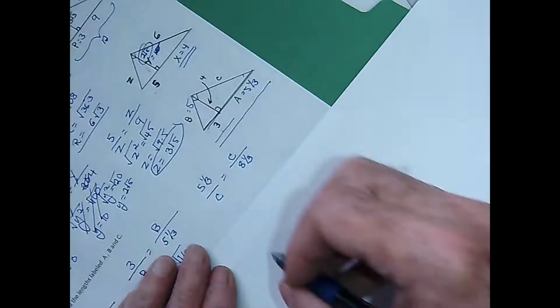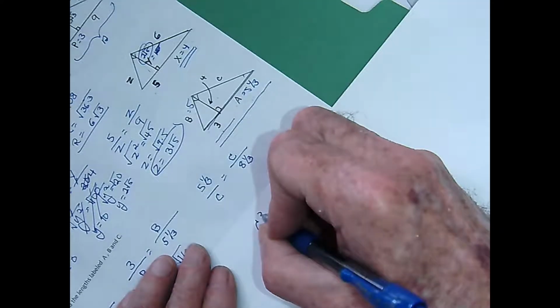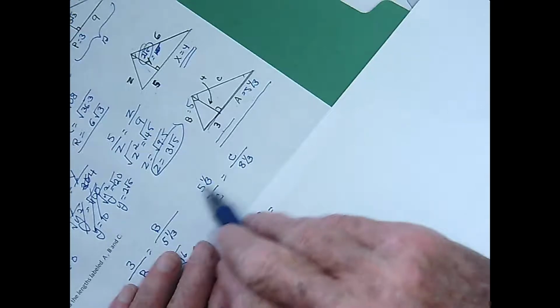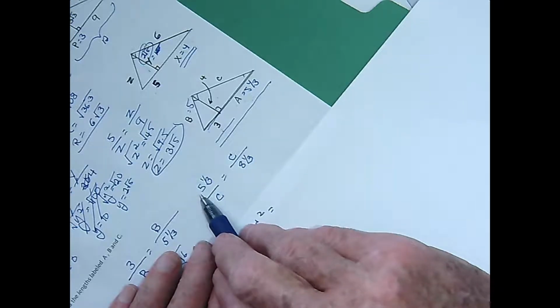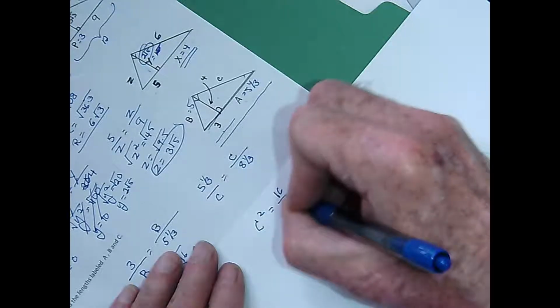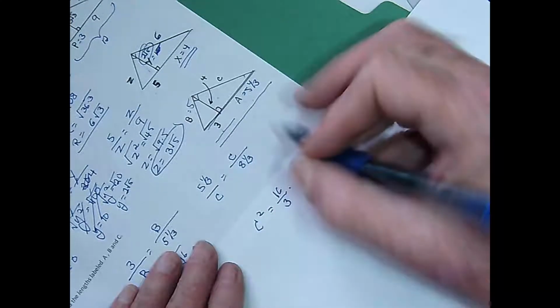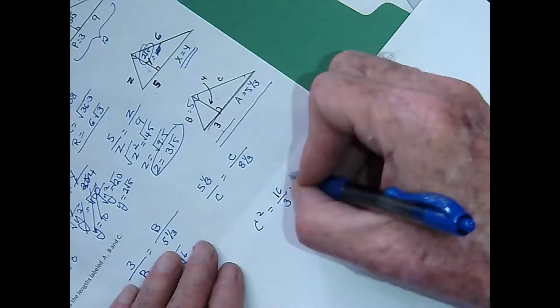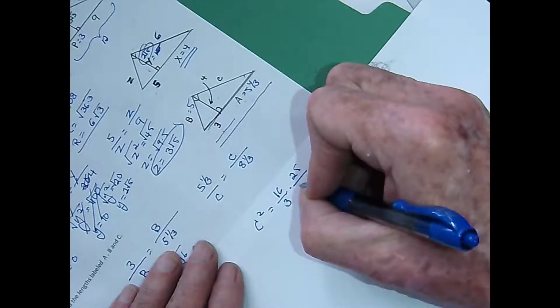C times C will be C squared. Now I got to multiply 5 1/3 times 8 1/3. Let's make them improper fractions so we can multiply them. 5 times 3, 15 plus 1 is 16 thirds. That's the same as 5 1/3, and 8 times 3 is 24 plus 1 is 25 thirds. This is going to work out nicely.